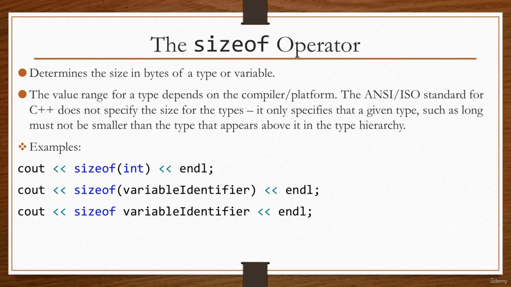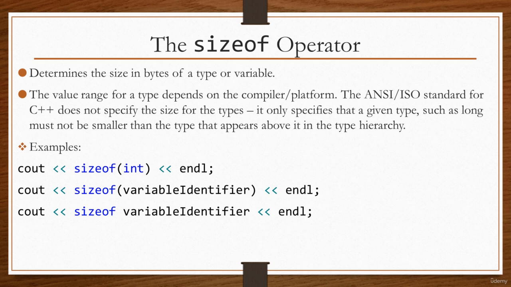The value range might be different on your machine; if you run it using sizeof, it might give you a different result. The standard for C++ does not specify the size for the types. It only specifies that a given type, such as double, must not be smaller than the type that appears above it in the type hierarchy.